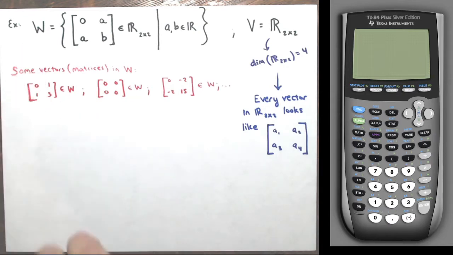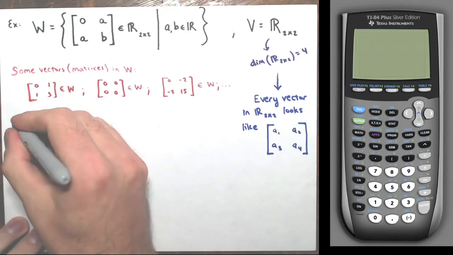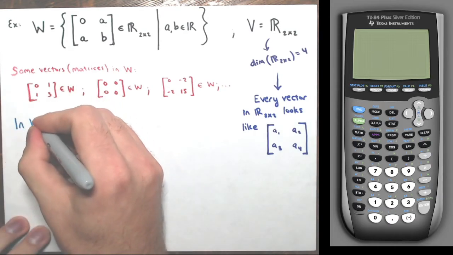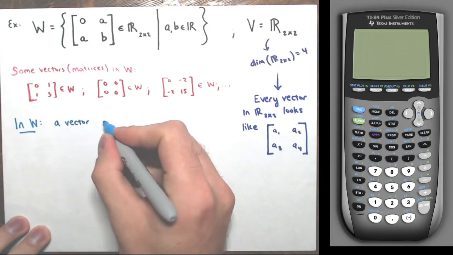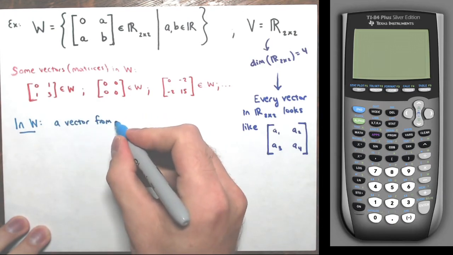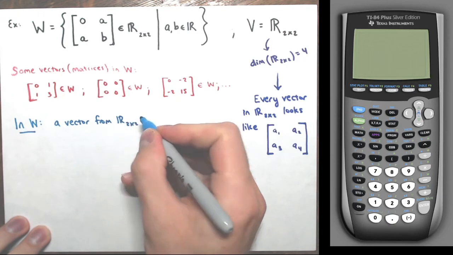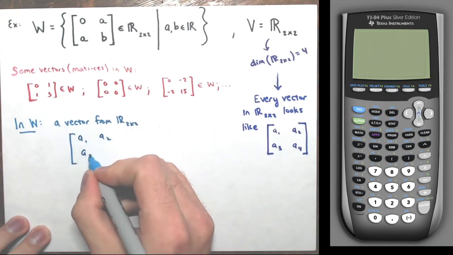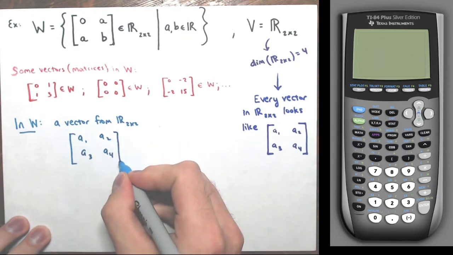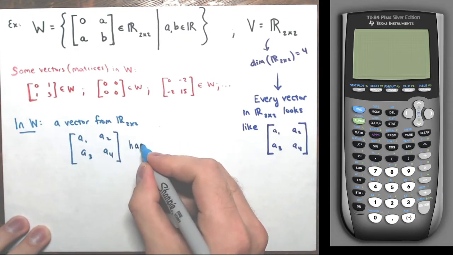Well, in W, a vector from R 2 by 2, this guy over here, again a1, a2, a3, a4, has to satisfy the following conditions.